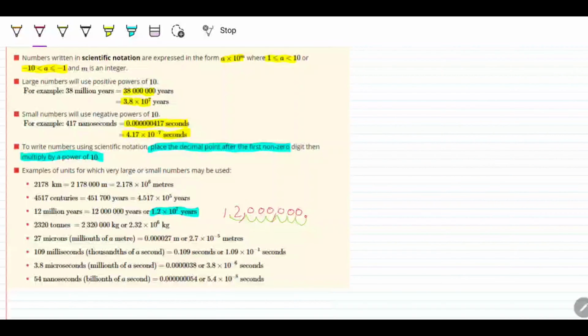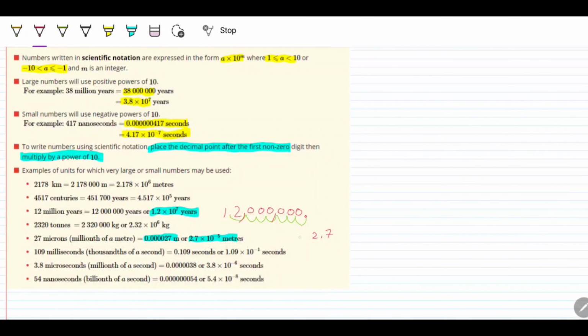On the other hand, if we're looking at very small units, such as 27 microns, a millionth of a meter, this would be the same as saying 0.000027 meters, or we can just say 2.7 times 10 to the negative 5 meters. If we apply our trick, we have 2.7 times 10 to the negative 5.